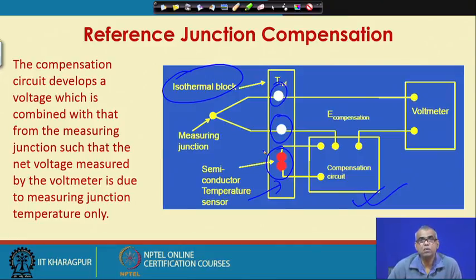Usually a resistance temperature detector, RTD, is used. Then all this information can be processed using a computer or a microprocessor based device to find the correction factor, and that can be deducted or added to the thermocouple's millivoltmeter reading, so that I can compensate for the reference junction. So, the compensation circuit develops a voltage which is combined with that from the measuring junction, such that the net voltage measured by the voltmeter is due to the measuring junction temperature only.